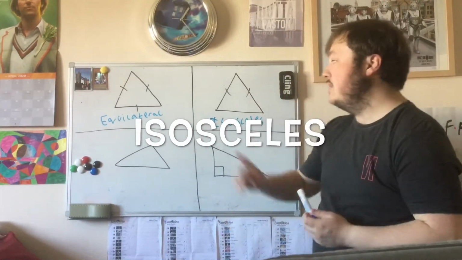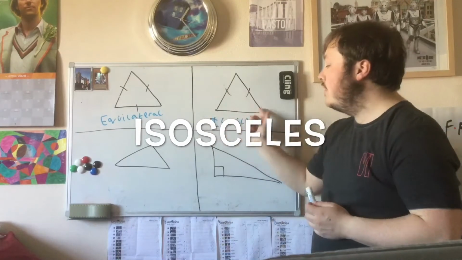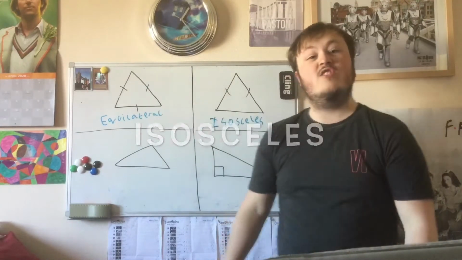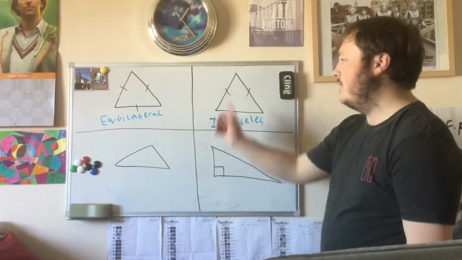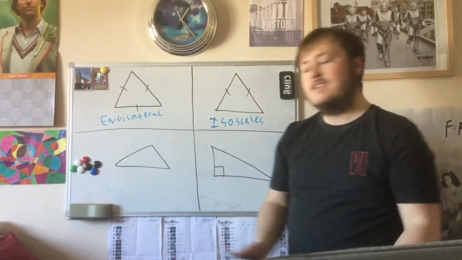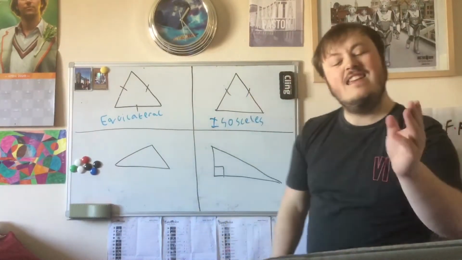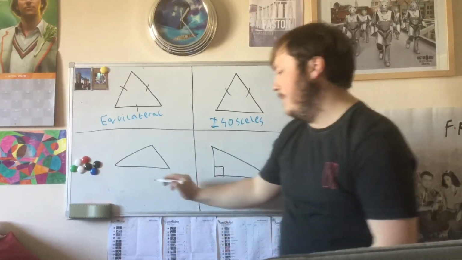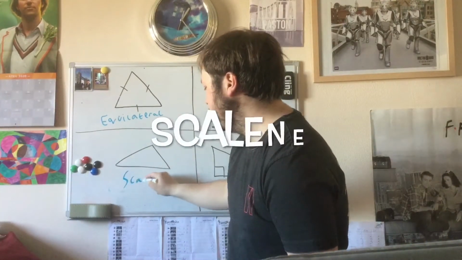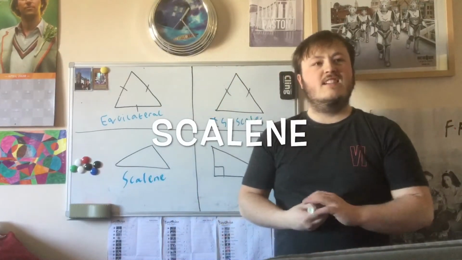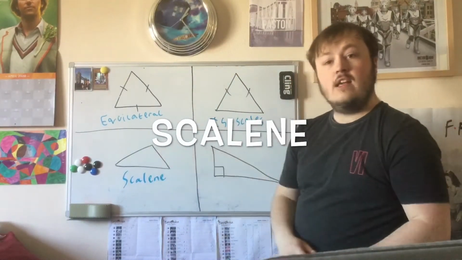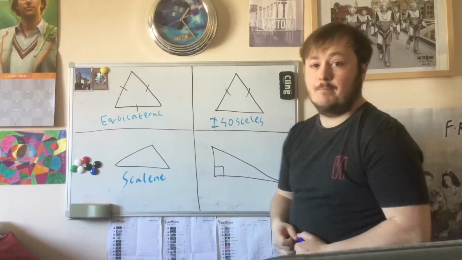This means that only 2 of the sides and 2 of the angles are the same. So not all 3. Now this one doesn't have any of these weird lines. So that means that none of the angles and none of the sides will be the same. This is known as a scalene triangle. Scalene. So none of the angles and none of the sides are the same.